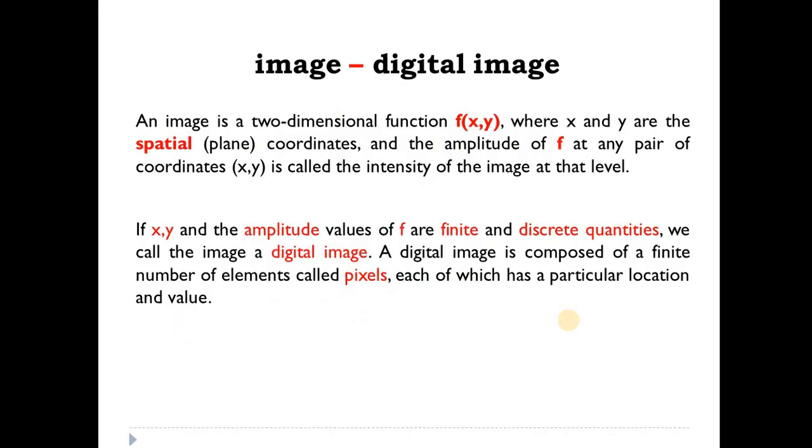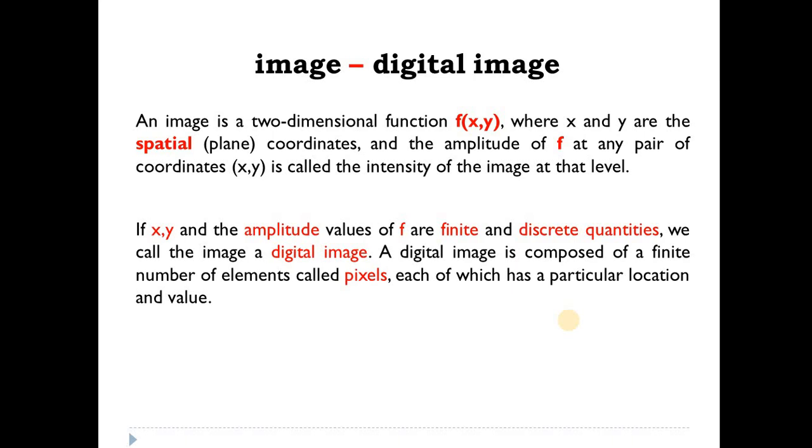So now, let us see what is an image. An image is a two-dimensional function. Mathematically it can be represented as f of x comma y. Here x and y are the spatial coordinates, which give you the location of the picture elements. f is the amplitude at any pair of coordinates x comma y, which is basically the intensity of the image at that location.